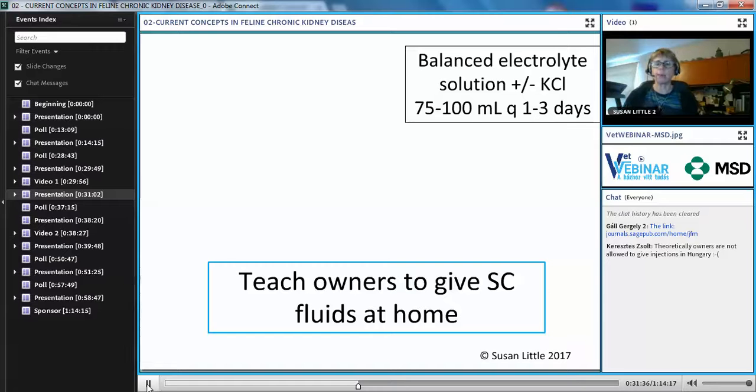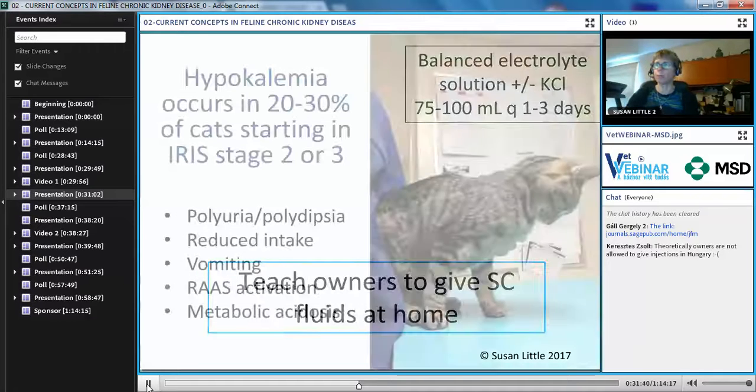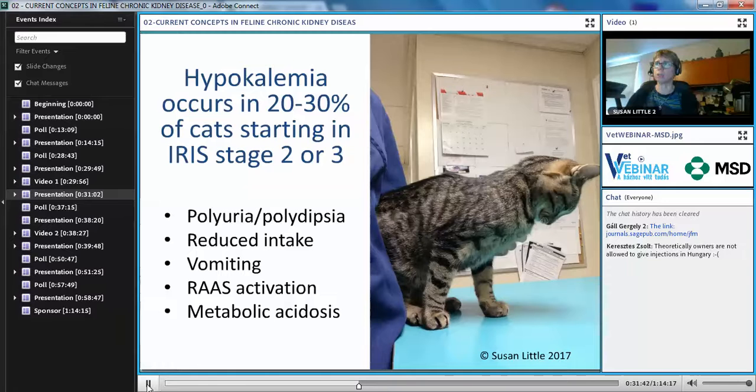So it depends on your patient and what their fluid needs are. And we're going to talk about potassium supplementation in a moment, and we can actually even add potassium chloride to the subcutaneous fluids as a way to give potassium supplementation if we need to.